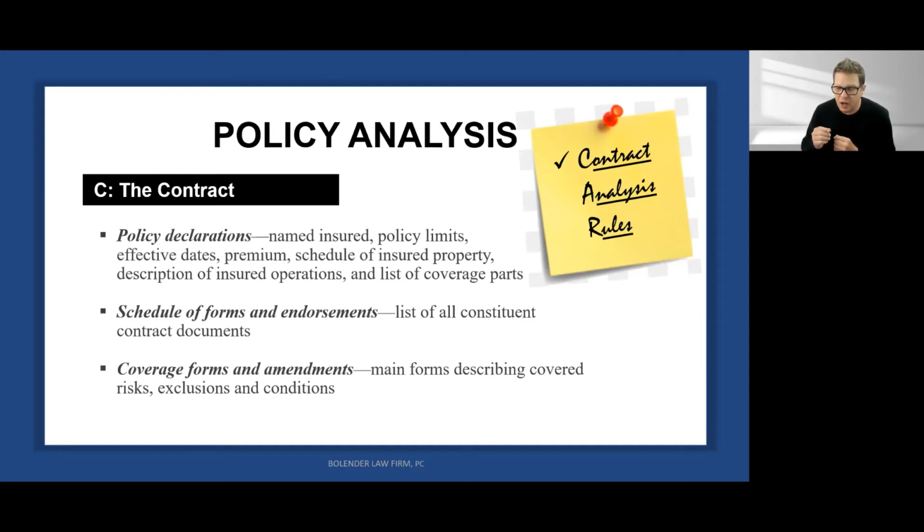This involves understanding how to find the language and spot the issues. The third step is that it's necessary to analyze the disputed language and evaluate the disclaimer letter and its rationale based upon the correct legal standard.